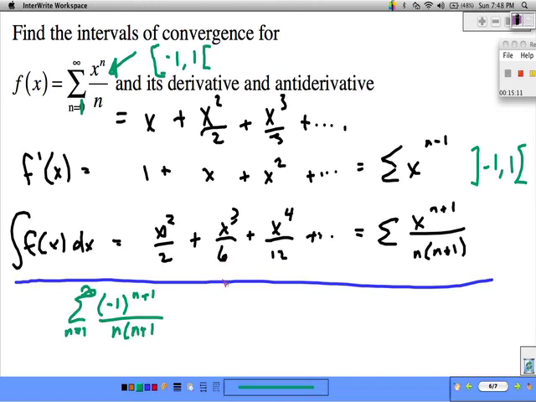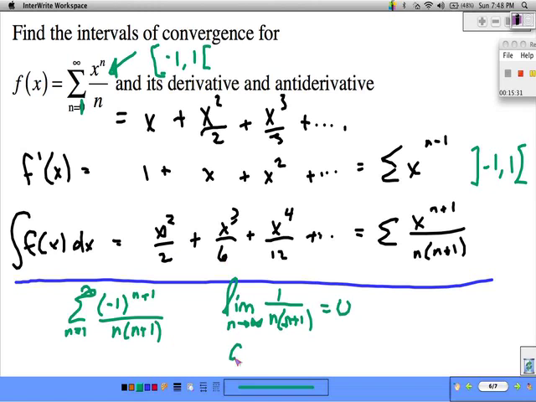So applying the alternating series test, the limit as n goes to infinity of 1 over n times n plus 1 does equal 0.